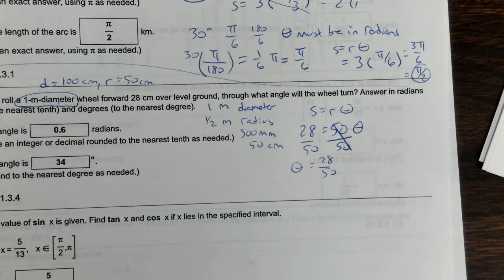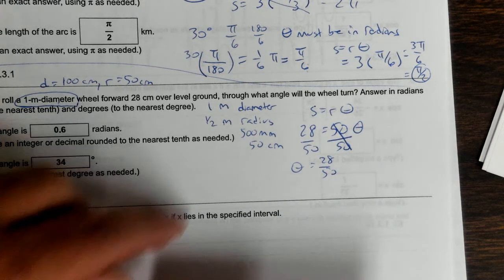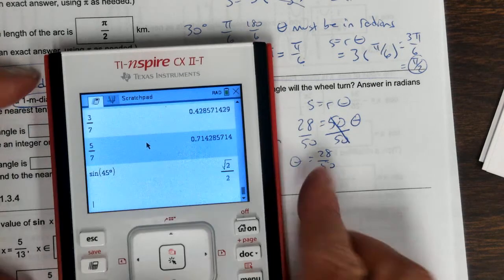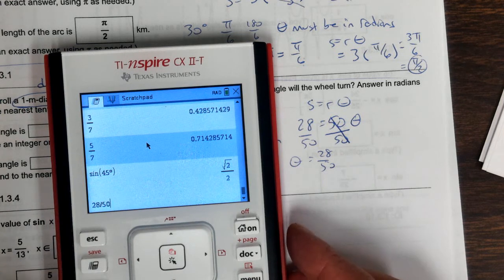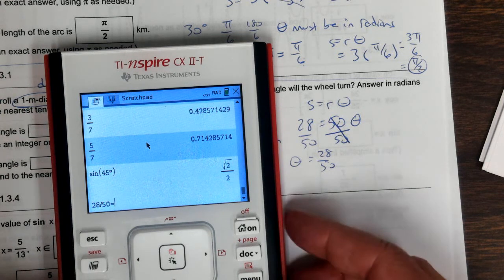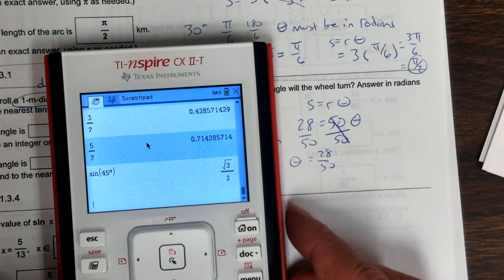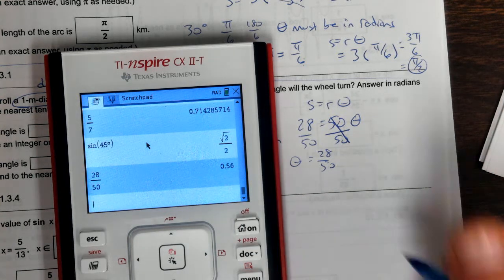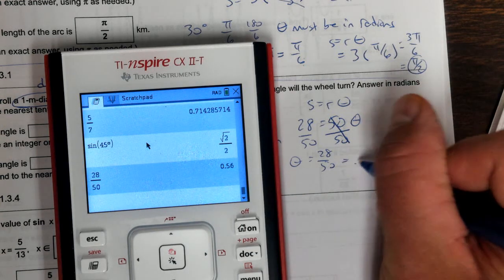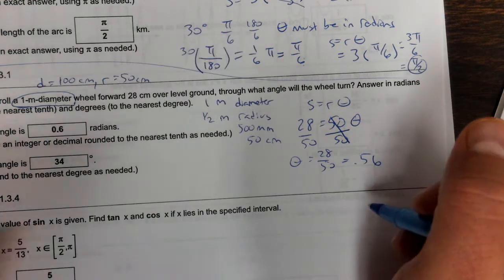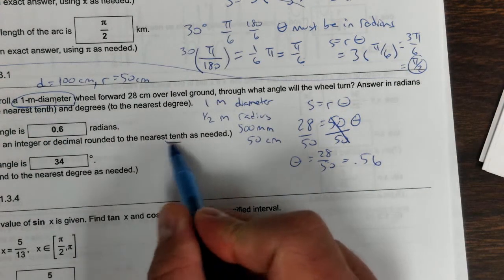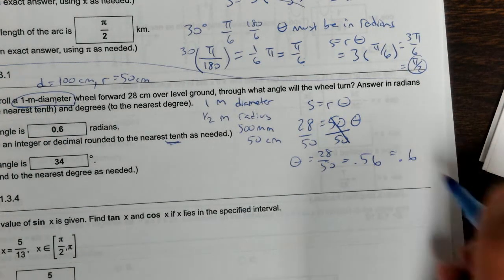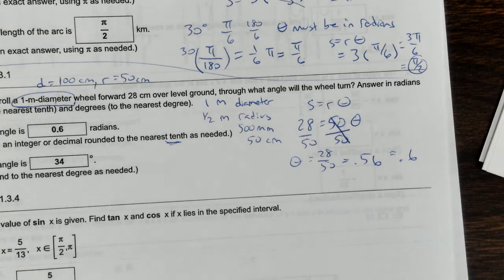So let's do 28 divided by 50 as a decimal. 28 divided by 50 is 0.56. And they say round to the tenth, so that'd be 0.6. So that's your number of radians.